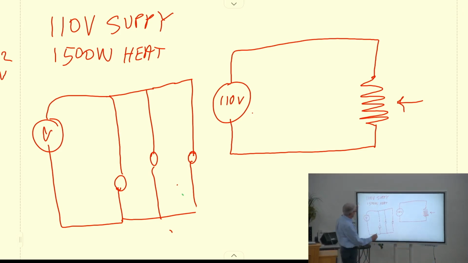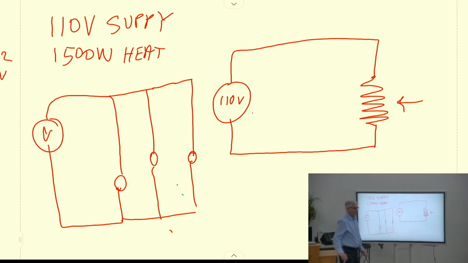Well, if all of these have the same resistance, then the current flow in each of them is going to be the same. But it all divides up with each wire, right? Does the current divide up every time you push it to different wires? It does, and how it divides depends on the resistance of each path.